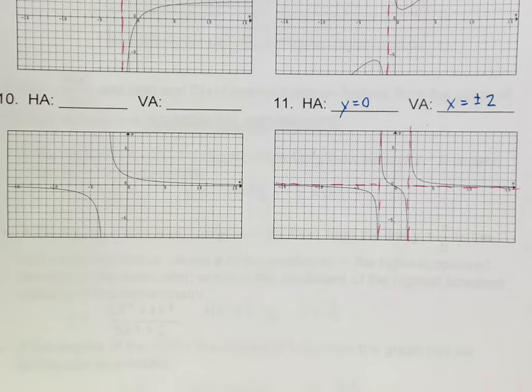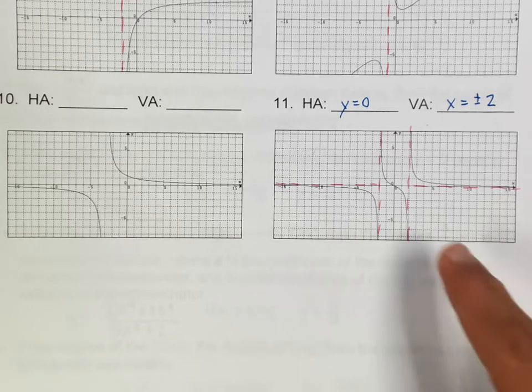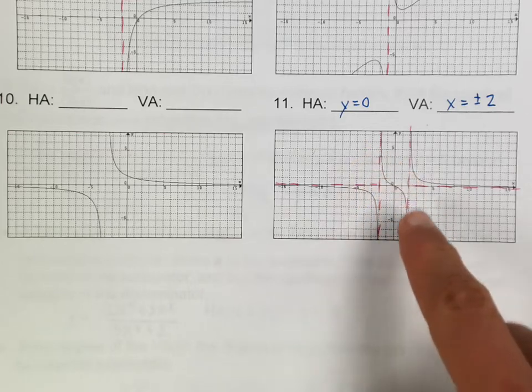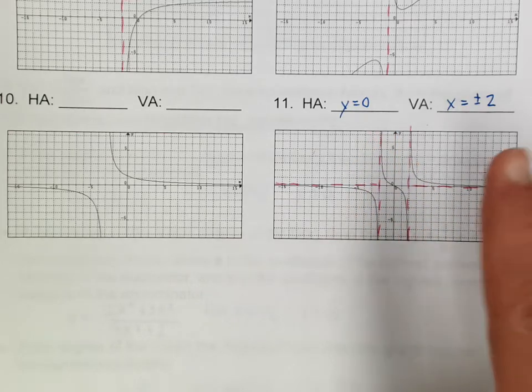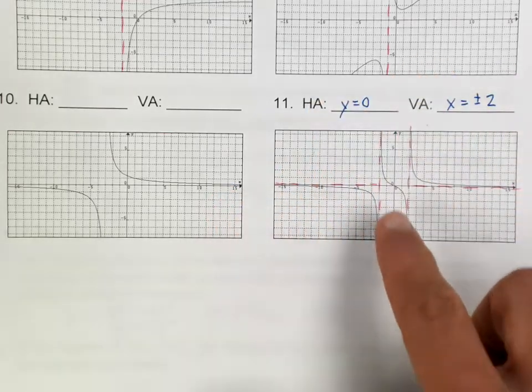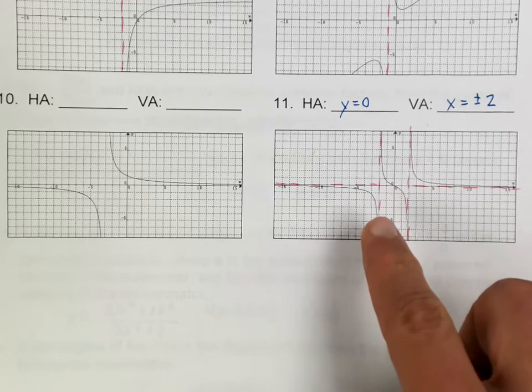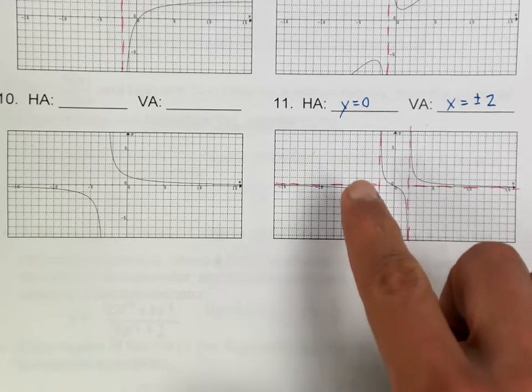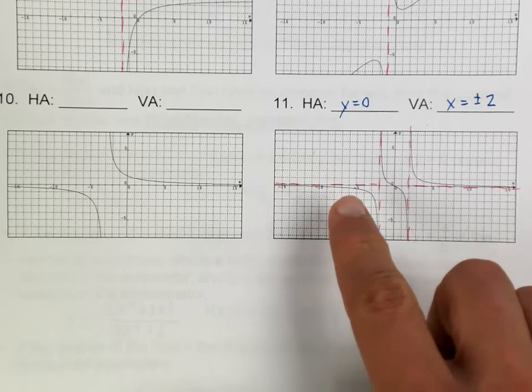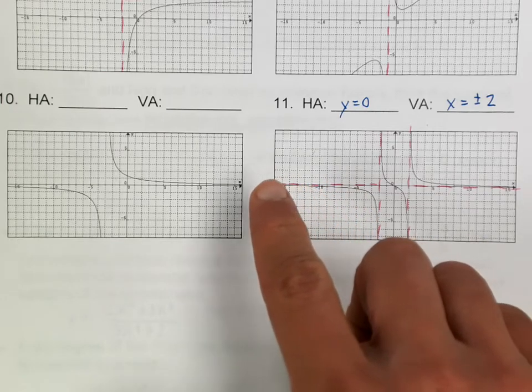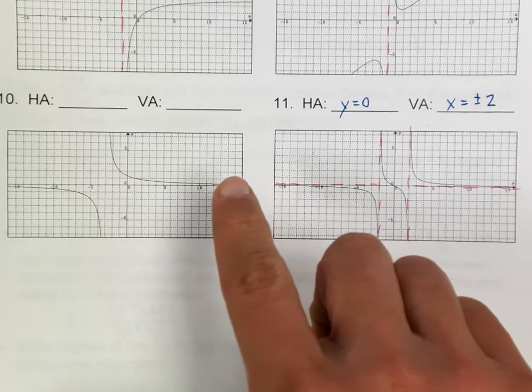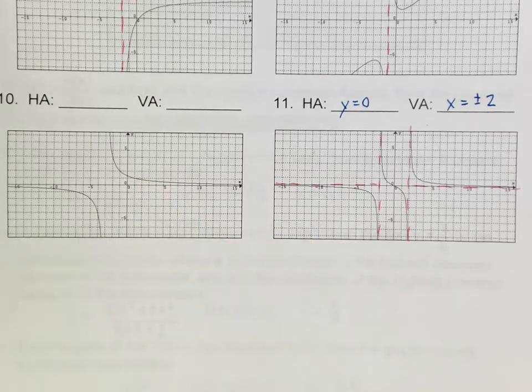So essentially, all you have to know is this: sometimes, especially in the middle, it can cross the horizontal asymptote, not the vertical. But even if it does, it flattens out and follows that horizontal asymptote and gets closer and closer to it.